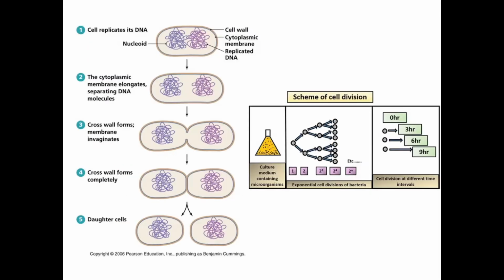This is a diagram that shows us the binary fission of a bacteria. You can see from one cell, it will undergo a division and the result is 2 identical daughter cells. You can also see the scheme of cell division where bacteria cells undergo exponential growth and can reach 1 million in population in just a few hours.